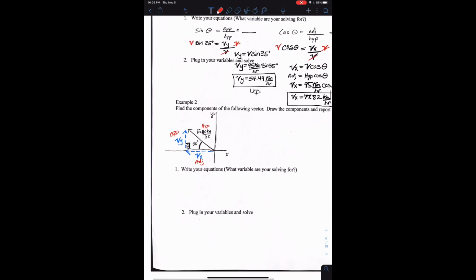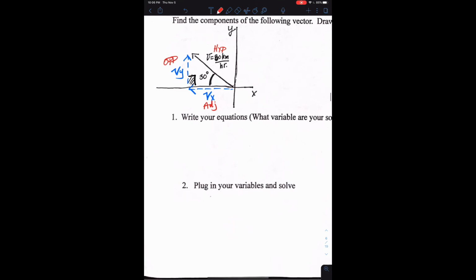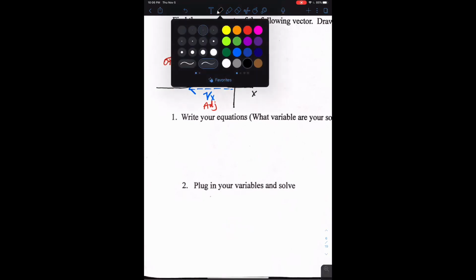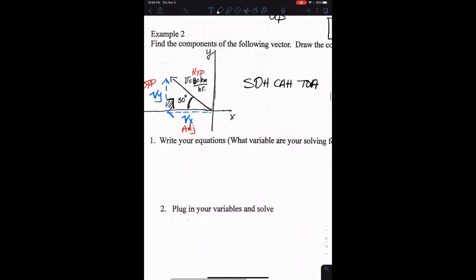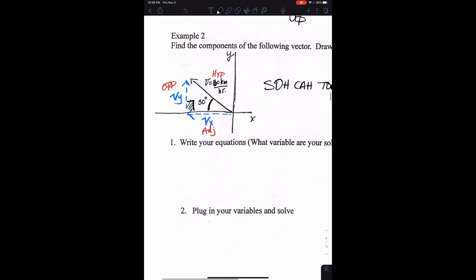Write your equations. What variable are you solving for? All right, we'll just pick one to solve for. Doesn't matter what we're going to solve for first. We'll stick with the opposite again. So write our equation down. This is where we use SOHCAHTOA. SOHCAHTOA helps us remember our equations. So we just spell it out like this. The first one is going to have an opposite, a hip, and a theta.